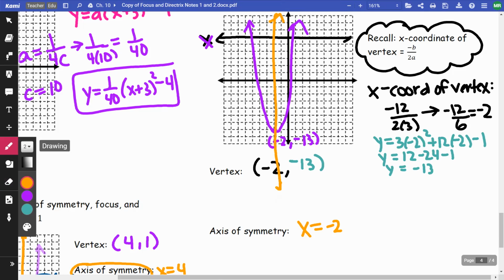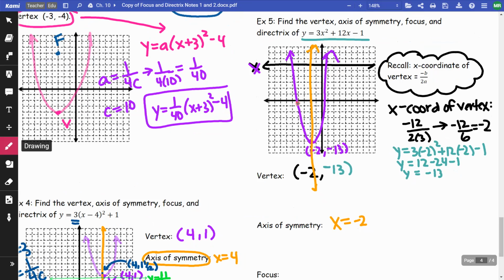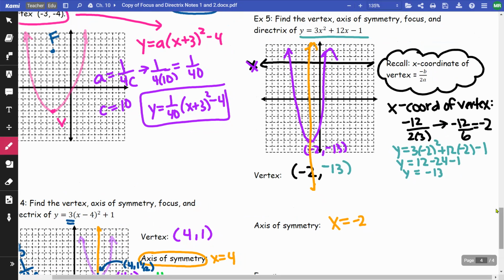Now somewhere on that axis of symmetry, inside my parabola, is going to be my focus. Somewhere on that orange line, inside my parabola is going to be my focus. Now, I know it's going to be C away from my vertex, but I don't know what C is. I do know what A is. I know my A is 3 from the problem.